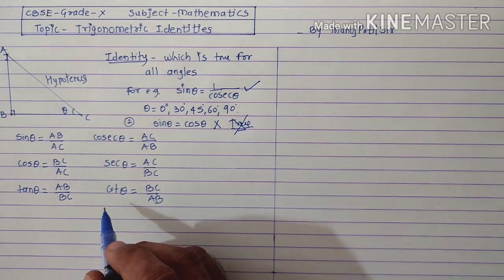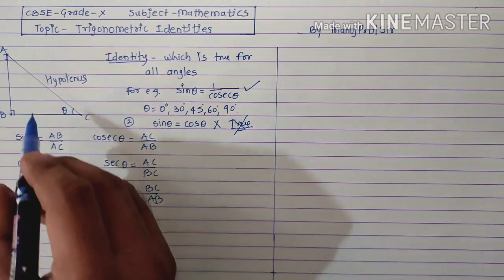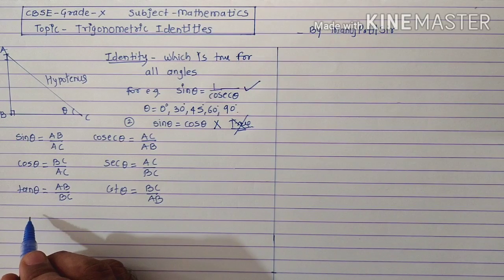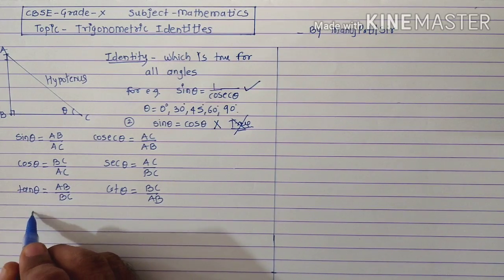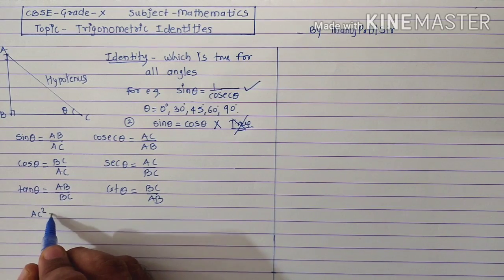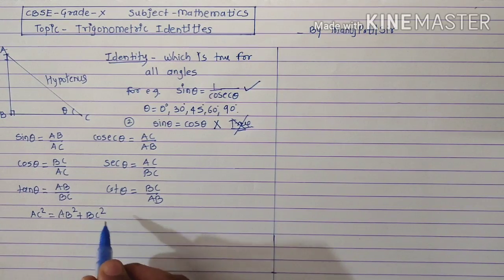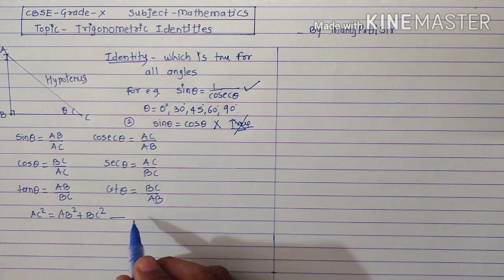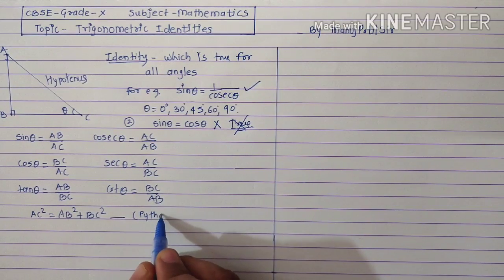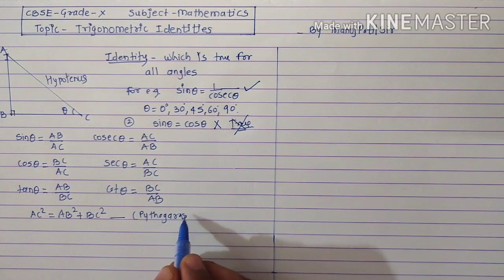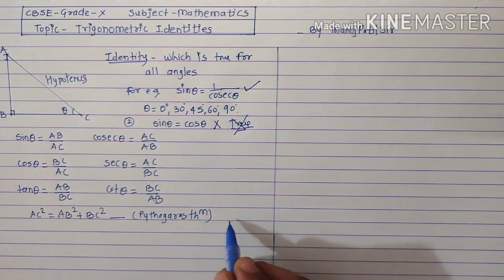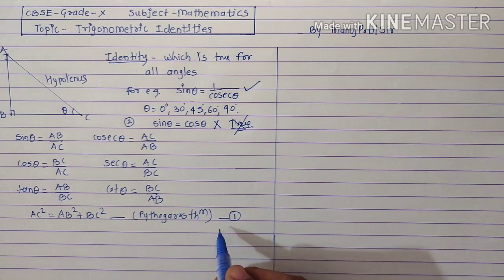We will derive them. We'll use the Pythagoras theorem in this triangle ABC. So we can write AC square is equal to AB square plus BC square. This we have studied already. Let this equation be 1.